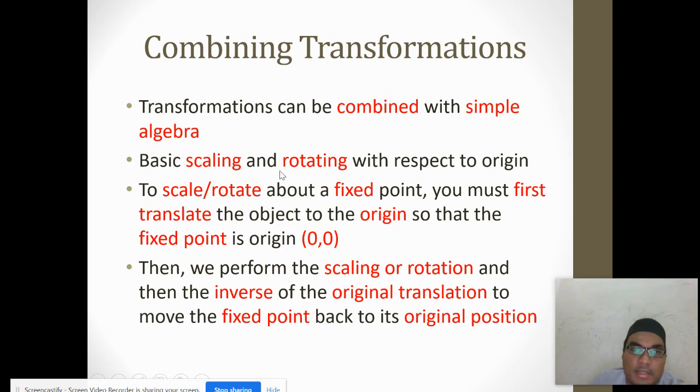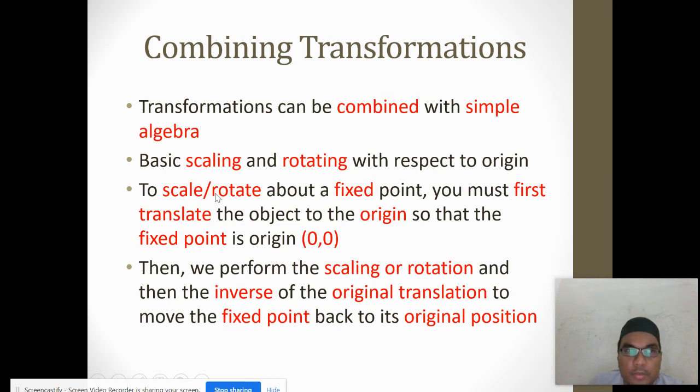Okay, basic scaling and rotating with respect to the origin. For example, we want to have a scaling and rotating movement together. To scale or rotate about a fixed point, you must first translate the object to the origin, so that it becomes a fixed point of 0, 0.